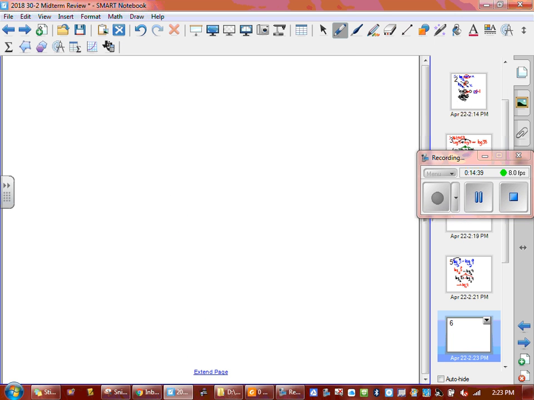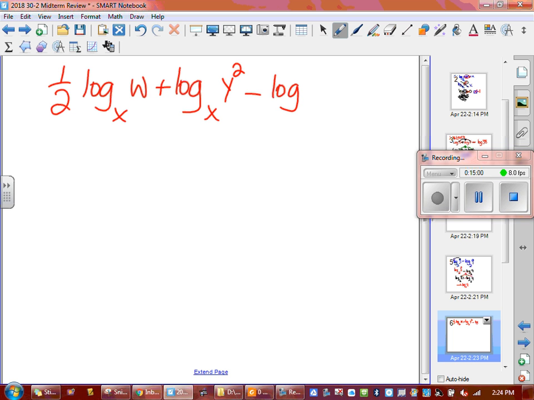So if we've got 1/2 log base x of w plus log base x of y squared minus 4 log base x of z.